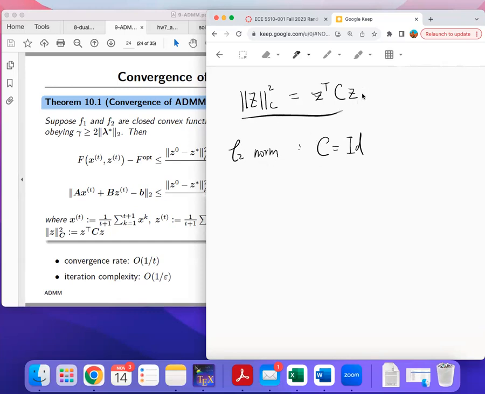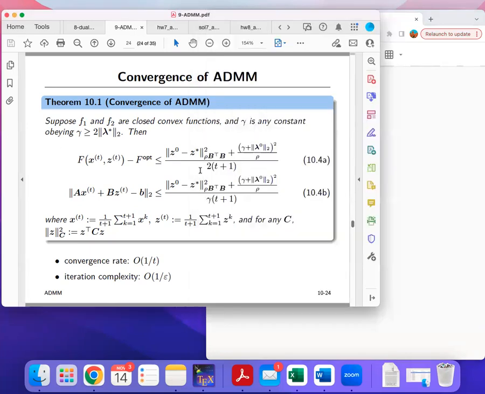So this is a more general distance metric. And here in this result, these norms are based on such a positive semi-definite matrix, rho times B transpose P, for a certain matrix P.